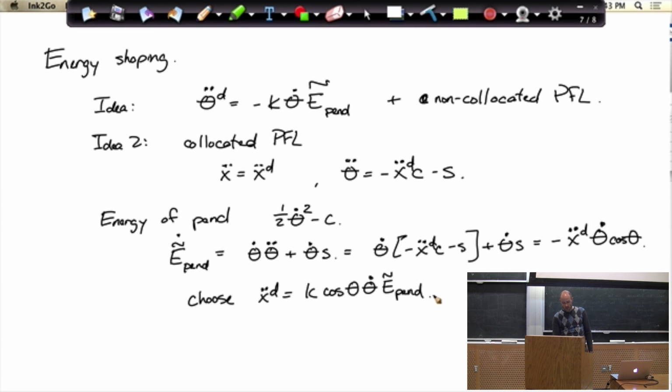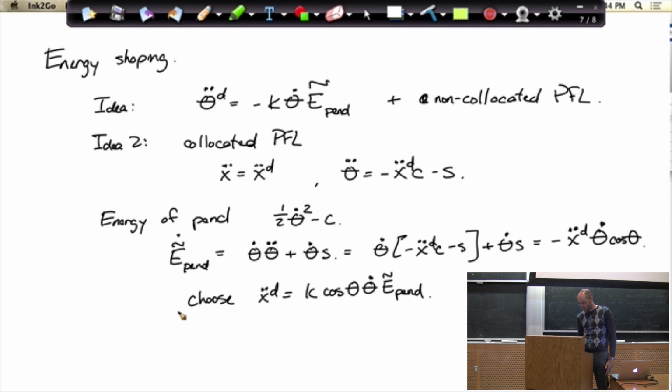Then I get the same thing I had before, where the energy of my pendulum is going to go to the homoclinic orbit, is going to find its way to the upright, by virtue of something that I did to regulate the position of the cart. And this time, this command, this transformation that made x double dot work, the co-located PFL, is singularity free, and this is a nice gentle nonlinear function too. Okay, and that's going to work very well in practice.